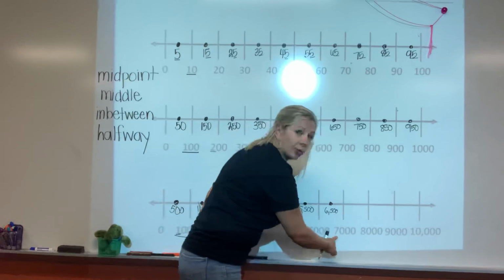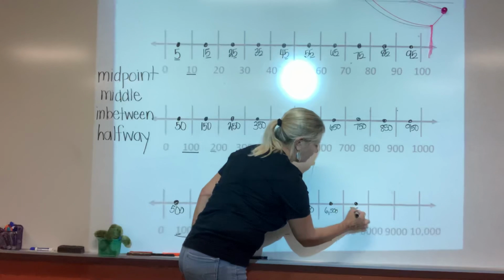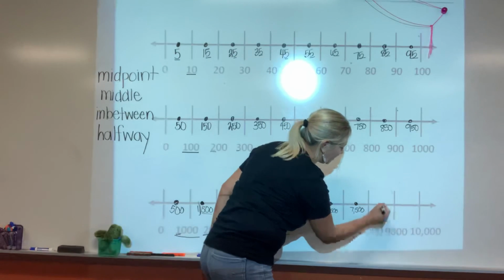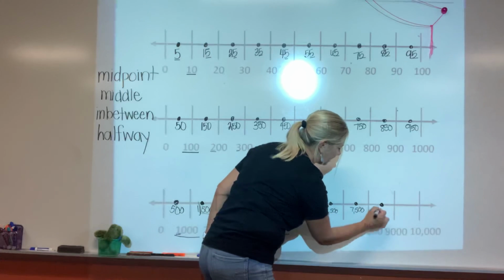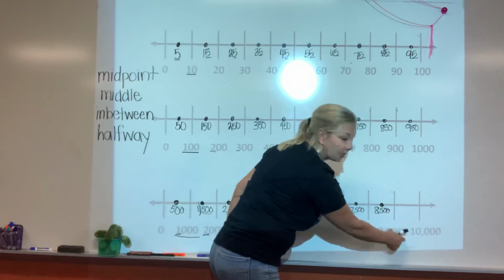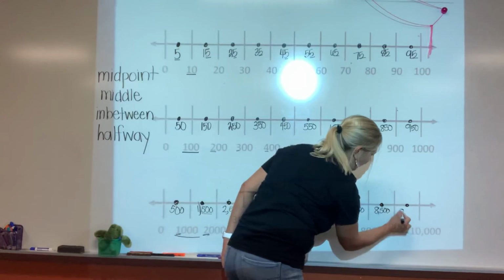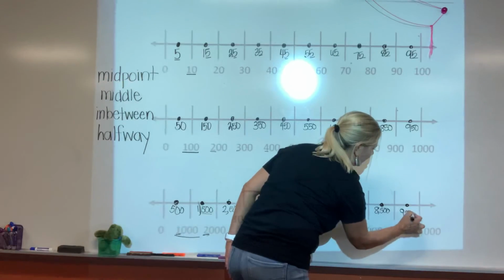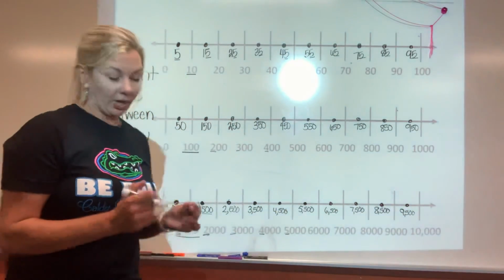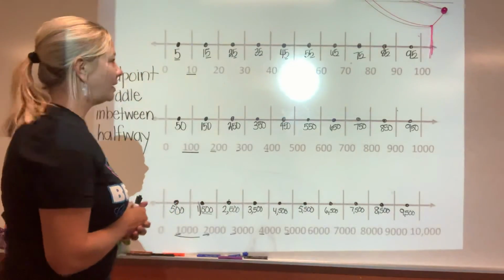The midpoint between 7,000 and 8,000 is 7,500. The number between 8,000 and 9,000, the midpoint is 8,500. 9,000 and 10,000, 10,000, wow, 9,500. So boys and girls, you have just learned how to find the midpoint on a number line.